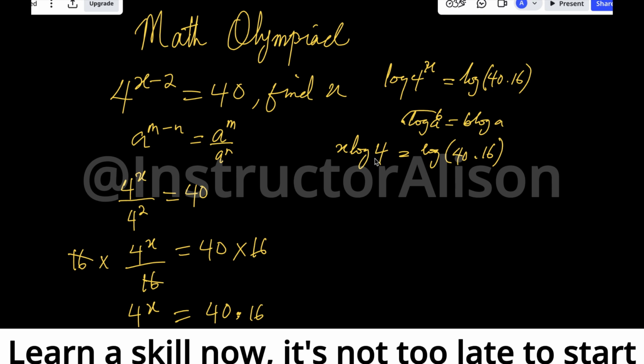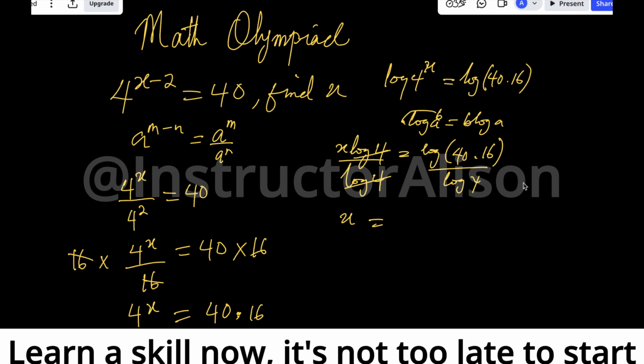So what will be the next step? I want to divide both sides by log 4 because my interest is to look for x. If I divide both sides by log 4, this will literally cancel out with this, leaving us with x equals. Now this is where we're going to be doing some rigorous computations. What we need to do on the numerator is to split this according to this particular law. Let me state it somewhere.